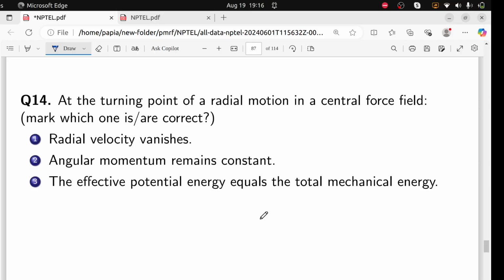Okay. Now at the turning point of a radial motion in a central force field, mark which one is or are correct.